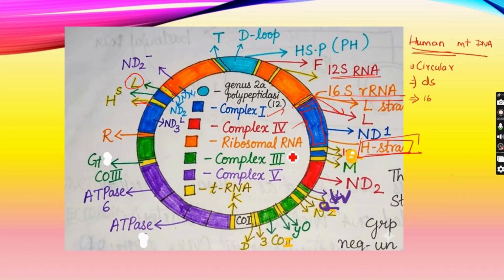Here we can see the 5 complexes as mentioned. The green region synthesizes complex 3. The violet region synthesizes complex 5. The red region synthesizes complex 4. And complex 1 is the blue region. Like that, the 5 different complexes can be synthesized from this mitochondrial DNA.